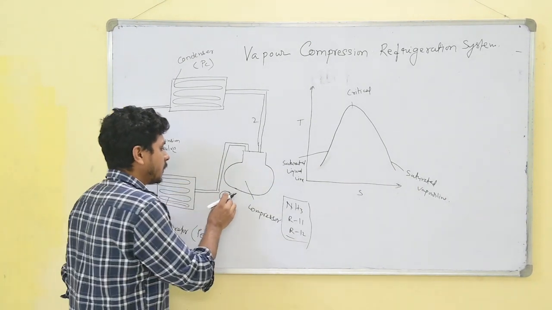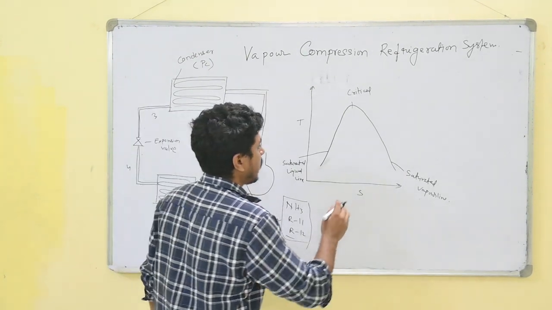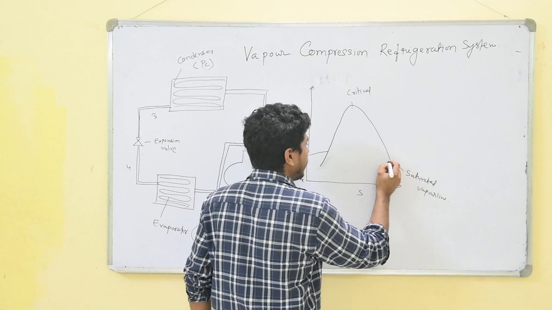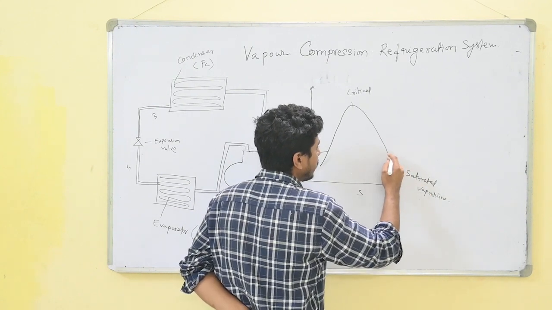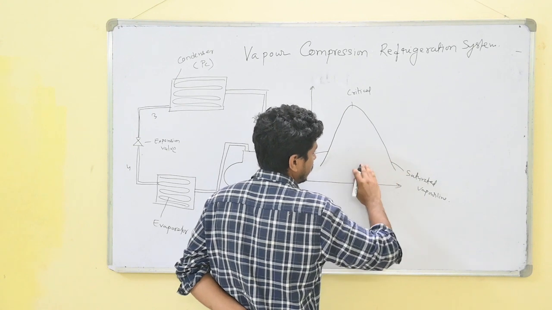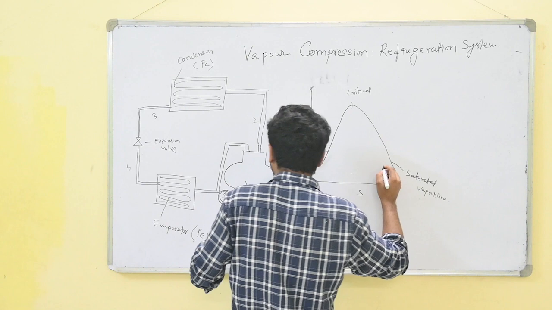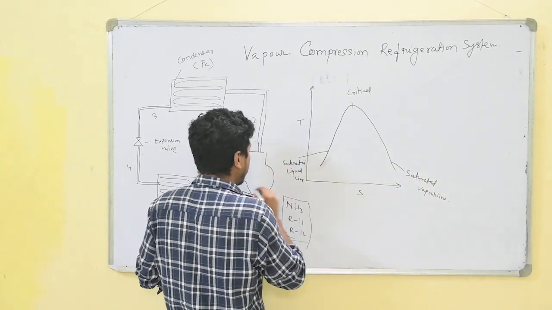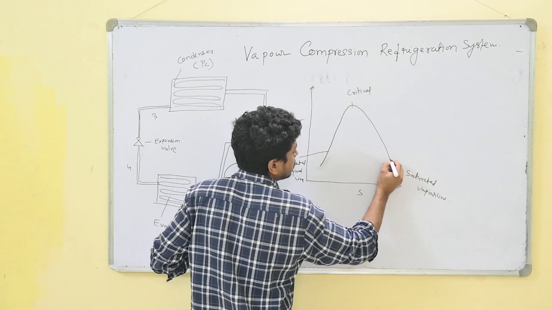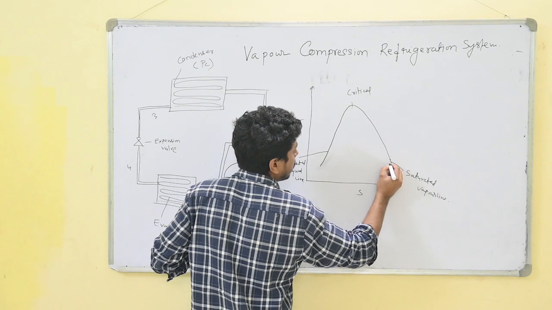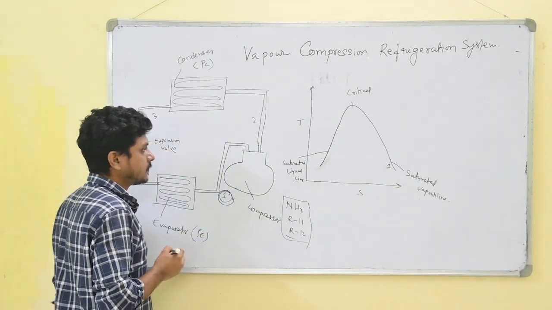So we consider that point 1 may lie on the saturated vapor line, or it may lie in the superheated region. At first we consider that point 1 lies on this line, the saturated vapor line.